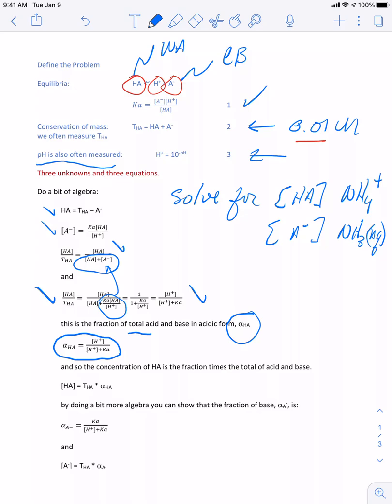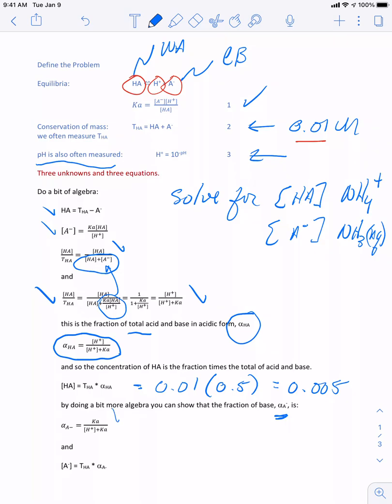I said that above. So if we knew that this was 0.01 and this was 0.5, this would be 0.005.